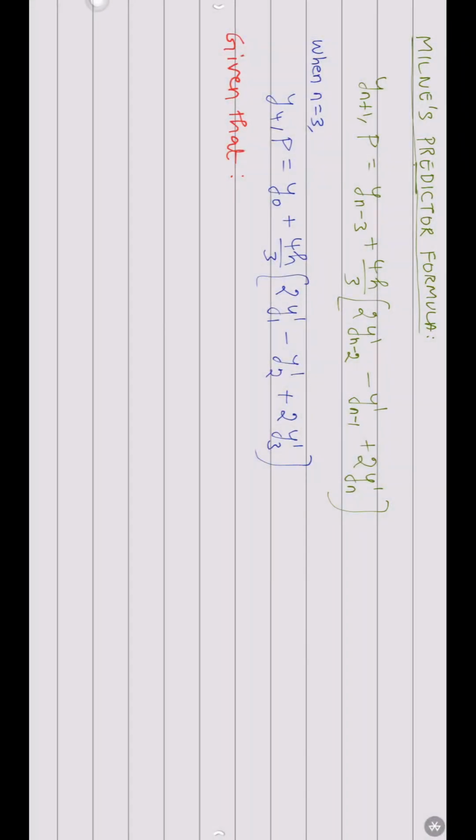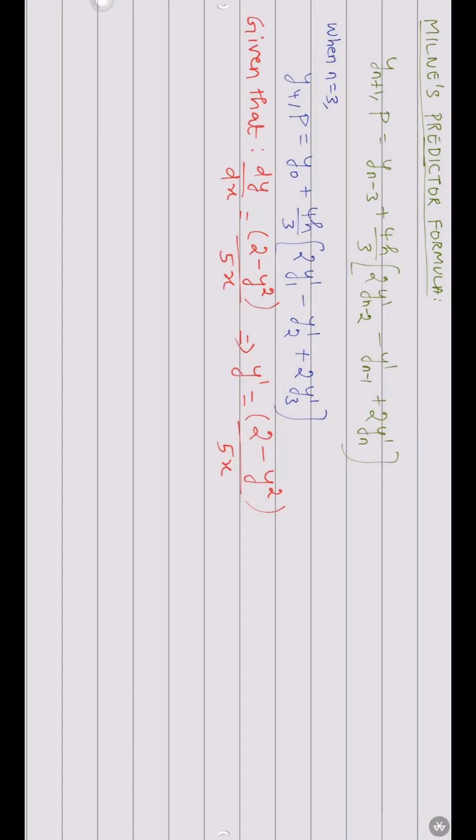It is given the differential equation dy by dx is equal to 2 minus y square, the whole divided by 5x. That is, y dash equal to 2 minus y square, the whole divided by 5x. So, in order to find y1 dash, y2 dash and y3 dash, we use this y dash.